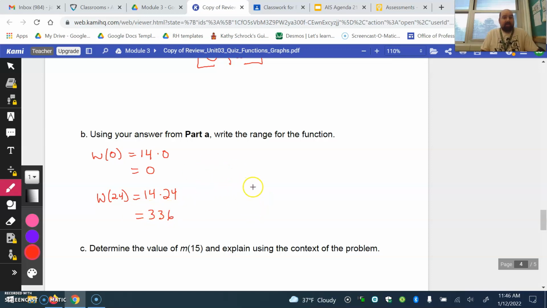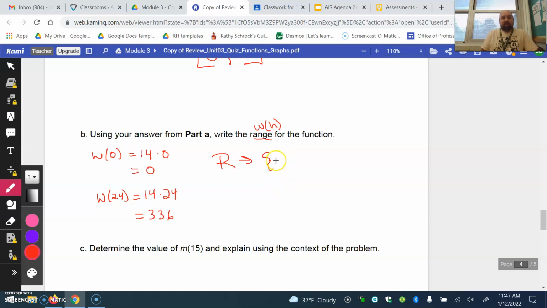So I'm going to use that to make my range, my Y values, or the W of H. So range is going to be curly bracket. And again, keep in mind, I know that we're using a whole number like 14, but it's money. And we might have partial hours, so we could end up with some fractions and decimals in here as well. So this is not going to be integers.